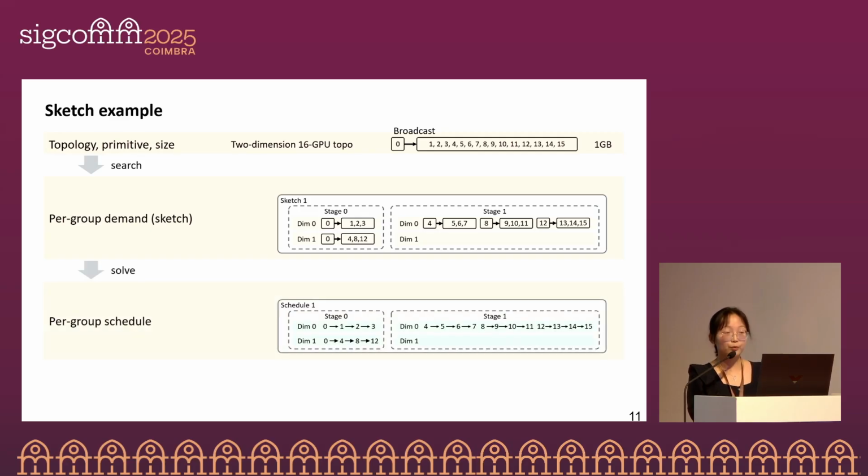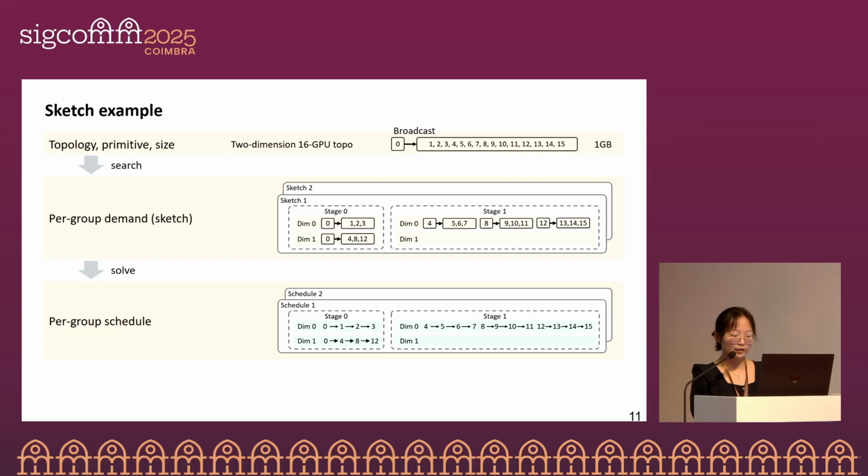Then we solve the communication demand for each group and generate the corresponding schedule. In this case, every group uses a ring schedule. There are more possible sketches, and each sketch leads to a different optimal schedule. And finally, we select the optimal schedule from all synthesized ones.